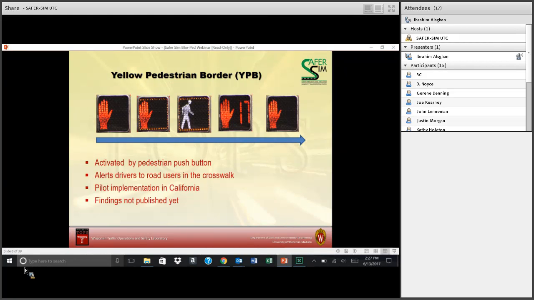No publication has been found about what the real benefit of it is. Although the municipality there said people like it, in terms of acceptance, I don't know about the effectiveness of this device. So next, Jacob.